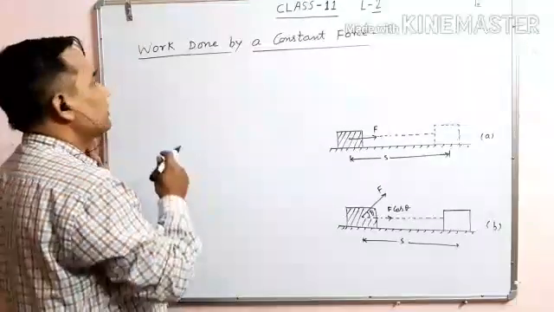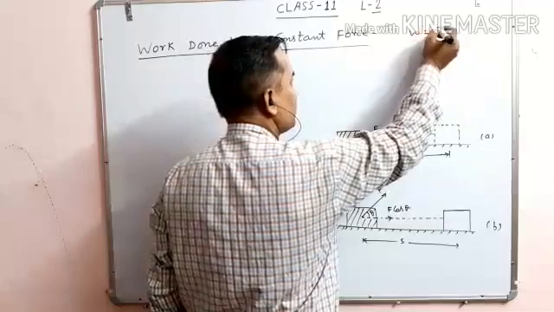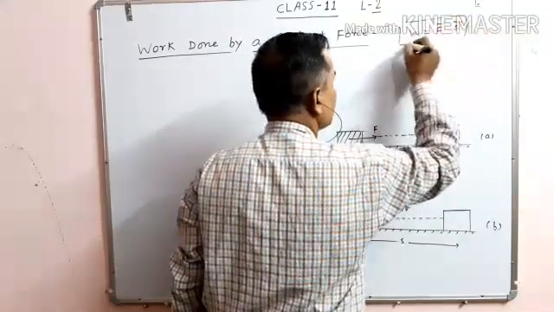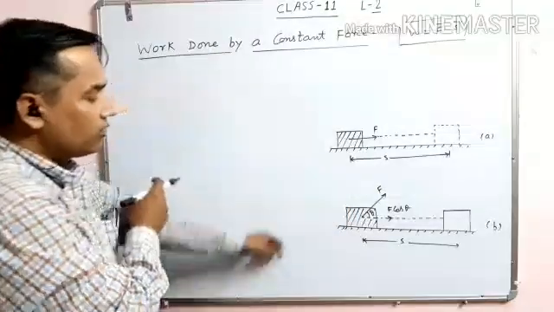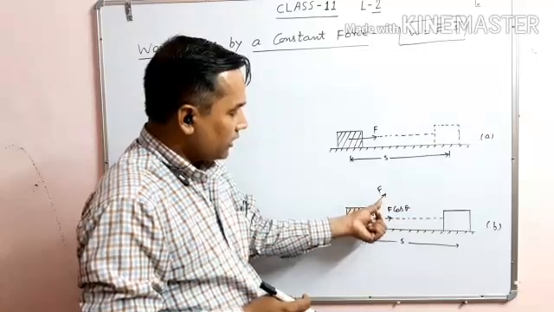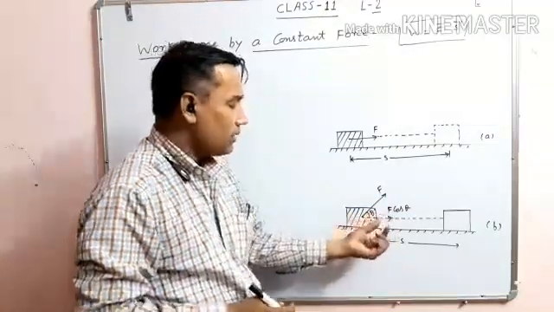Okay beta. In the first case, work done is equal to F dot S. In the second case, you can see in the figure that the acting force is inclined, making some angle theta.